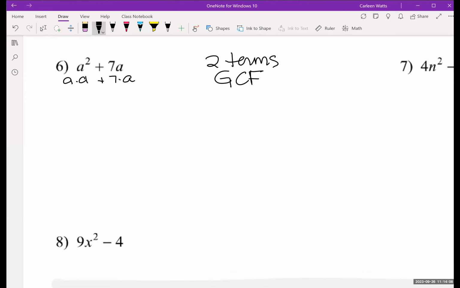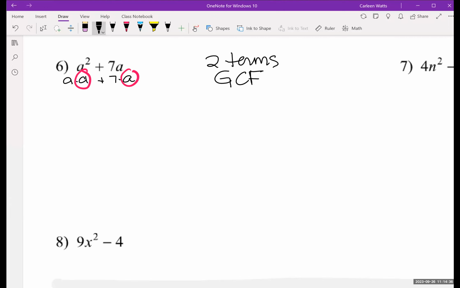Looks kind of funny, but okay. What is the greatest common factor of those 2 terms? A, right? Do you see that both terms have an A?